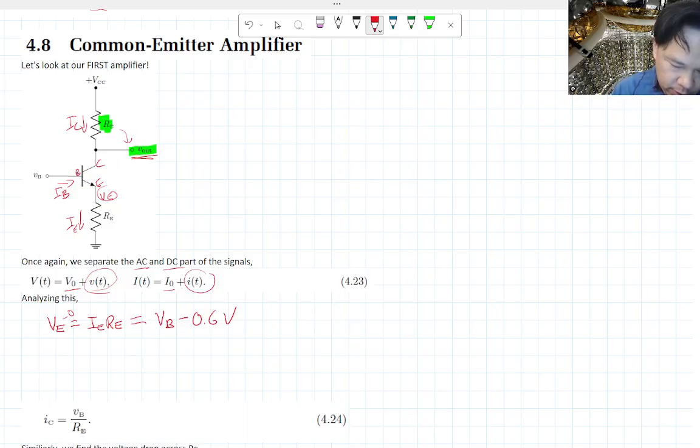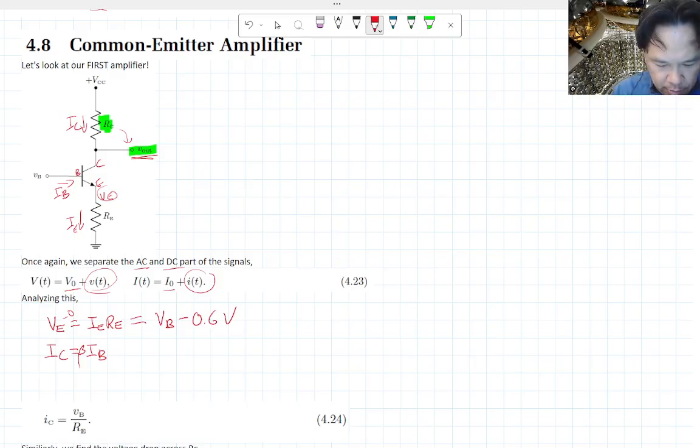The other thing we're going to say is that the collector current is approximately beta times the base current.